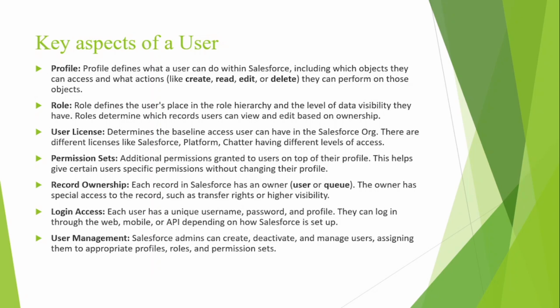If that user is at the lowest level in the hierarchy, he is going to see his data only, he can't see data above him in the role hierarchy. Role determines which records a user can view and edit based on ownership. So ownership will be what? For a record, the ownership will be either a queue or a user.